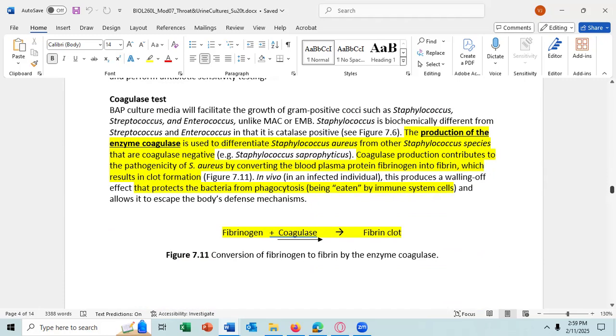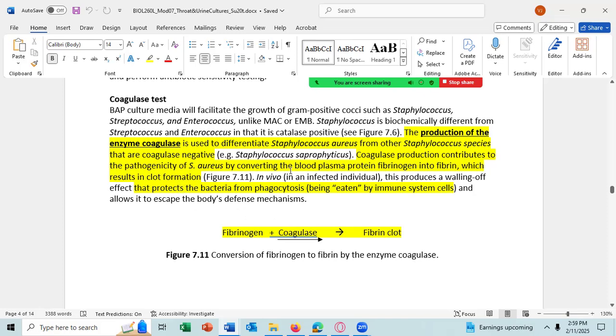Coagulase can contribute to the pathogenicity of Staphylococcus aureus by converting plasma fibrinogen into fibrin, which will form a clot around the bacteria. And the clot around the bacteria will make it more difficult for the host immune system to attack the bacteria.